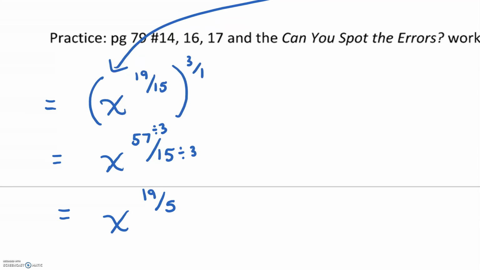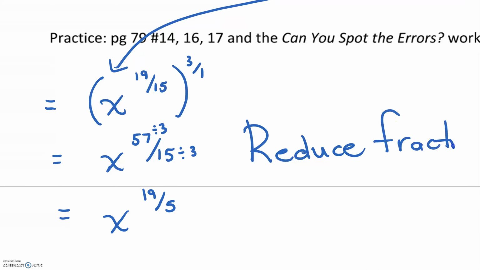I keep repeating this in class. Some of you guys are paying attention, some of you guys are having a harder time, but you have to make sure that when you have fractions, any type of fraction, whether it's in the exponent, as a base, as whatever, you need to reduce your fractions. Okay? Any fractions that you see, you need to reduce them. So please, please, please start doing this.